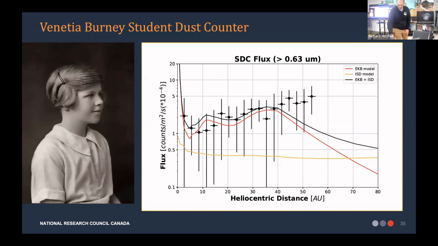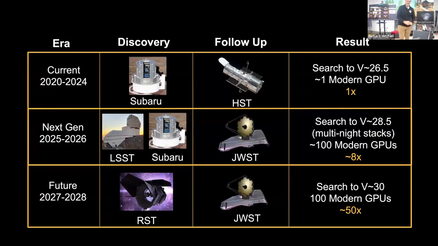So we're currently begging NASA for money. We've been doing this with the Subaru telescope, and when we find an object, we follow it with the Hubble Space Telescope. We use a GPU, we get to V of 26.5, 27, okay? It's fantastic.